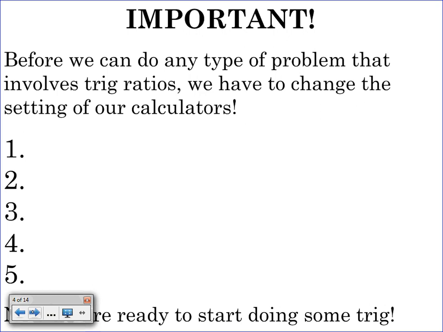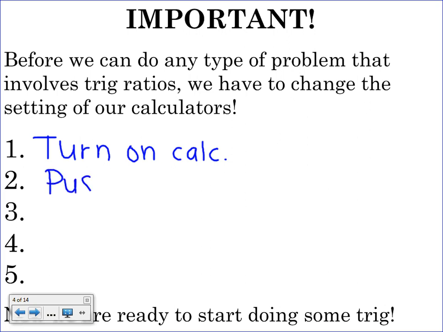First thing we need to do, before we can do any type of problem that involves trig ratios, we need to change the settings of our calculators. So if it's not already, the first thing you do is to turn the calculator on. I know, blows your minds, right? So, second thing we do is push the mode button.